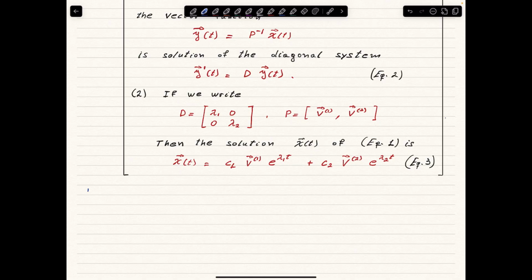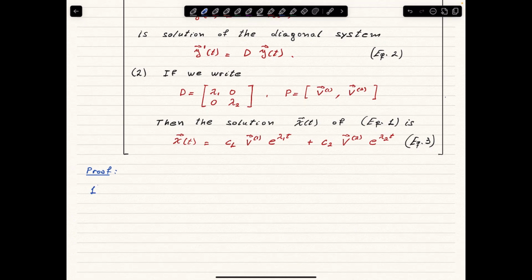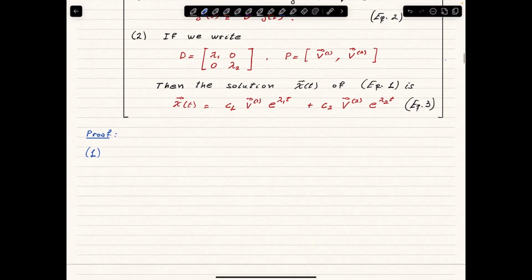So let's prove this theorem. Proof. Let's start with part 1. To start with part 1, we start with the equation that we are solving here: x prime of t is equal to A x of t.